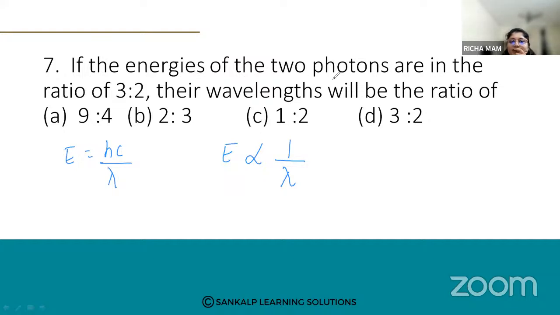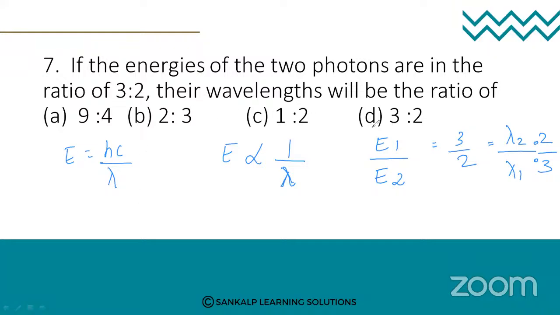So if the energies of the two photons E1 and E2 are in the ratio of 3 to 2, what will be the wavelength ratio? Wavelength is inversely proportional, so the wavelength ratio will be lambda 2 by lambda 1, that is 2 by 3. So which is our answer?